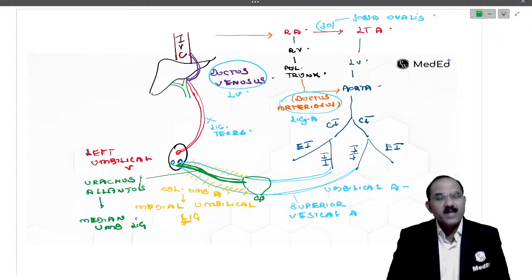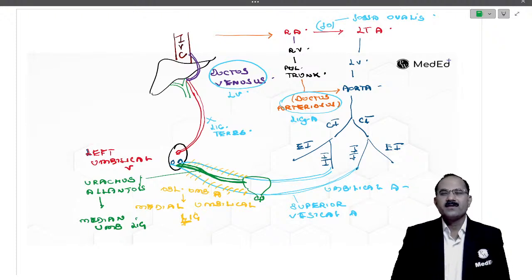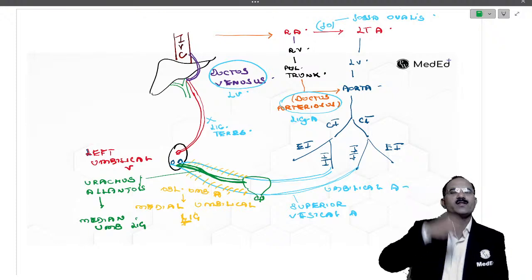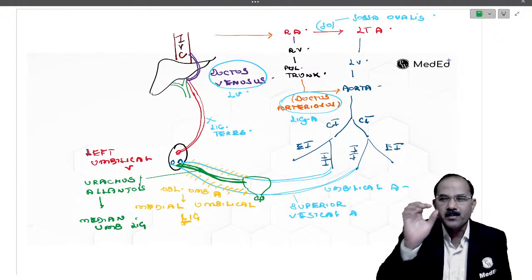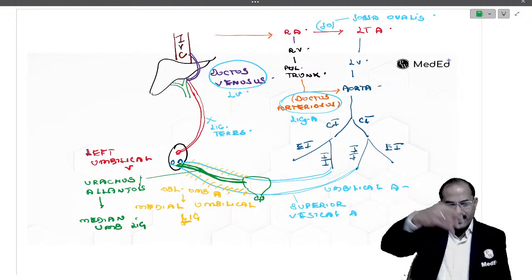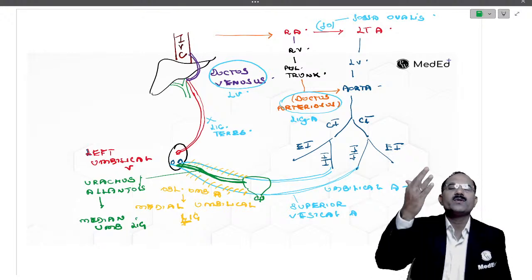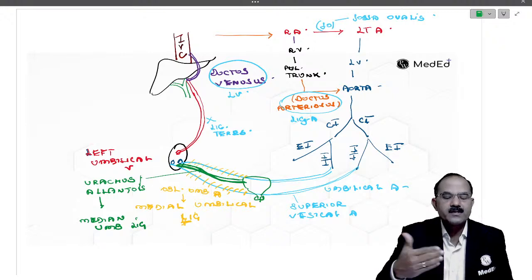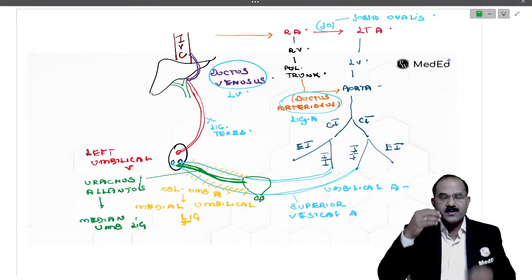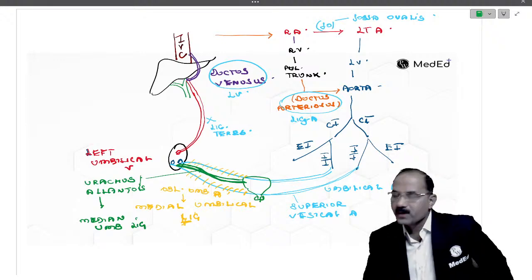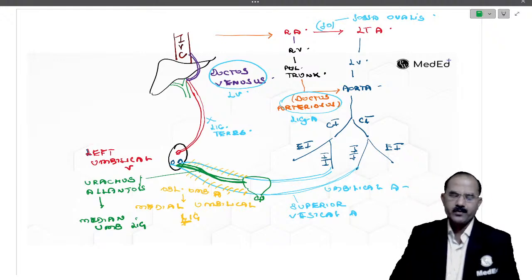Weeping umbilicus, what do you call this? It is a urinary fistula. It is also known as a weeping umbilicus. So if this allantois does not obliterate, the child will pass urine through the umbilicus. This is what we call a urinary fistula, or a weeping umbilicus. Perfect. So fetal circulation is perfect to all of you.